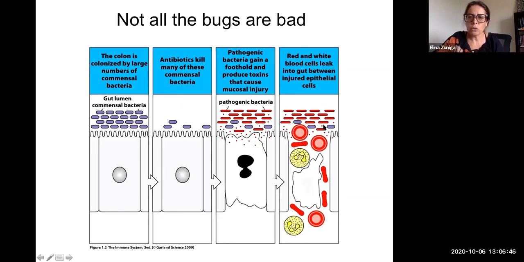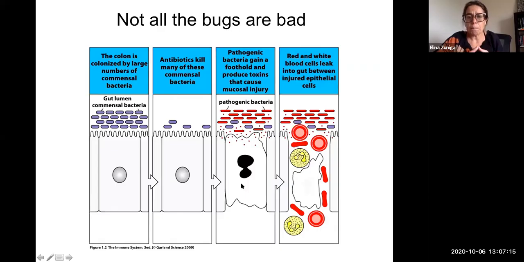Okay, and so the conclusion from these studies is that these commensal bacteria that we carry with us normally, in a physiological manner, play a beneficial role by competing with pathogenic bacteria, and so preventing the outgrowth of these pathogenic bacteria that are able to damage our cells.